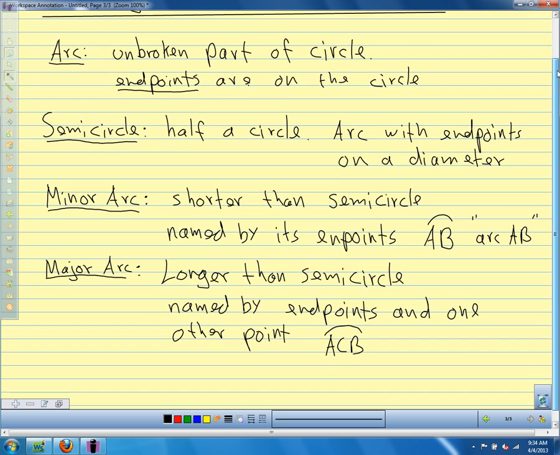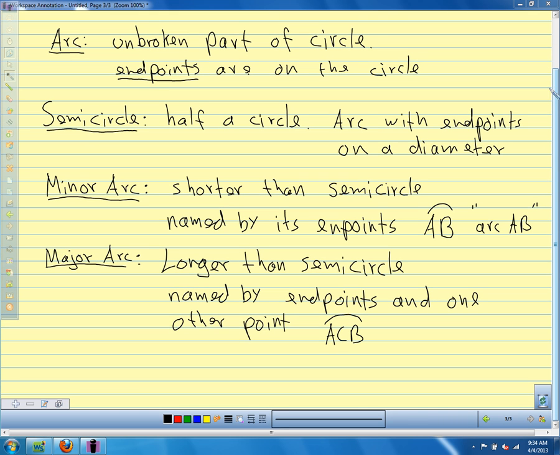All right, so those are our parts. So let's draw a picture of a circle, and we'll label some arcs and semicircles, major arcs and minor arcs. Any questions on this part? Again, not difficult information, just some new vocabulary, new things that we're going to do to work with circles.